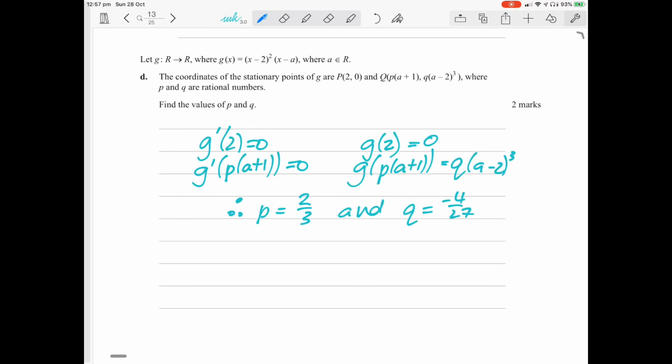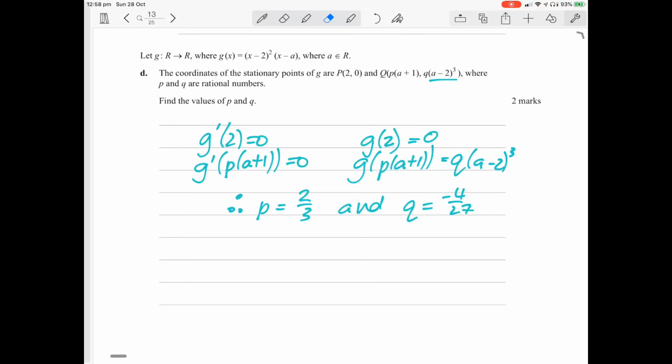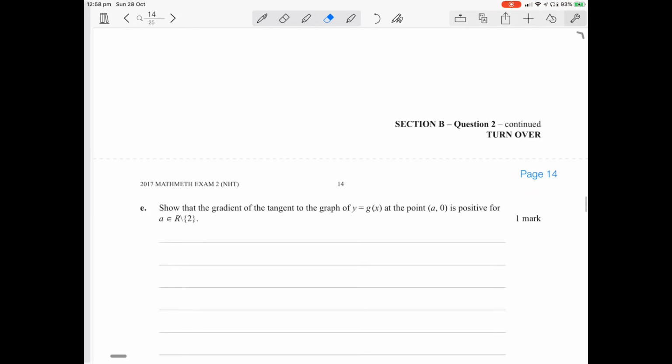If p equals 1 on a plus 1, then if we times that by a plus 1, it must be 2, and if I put that in here, I get 0, so I'd get the point (2, 0). Let me think about that. It doesn't say that q and p can't be the same point, but if they were equal, then they would be the same point.